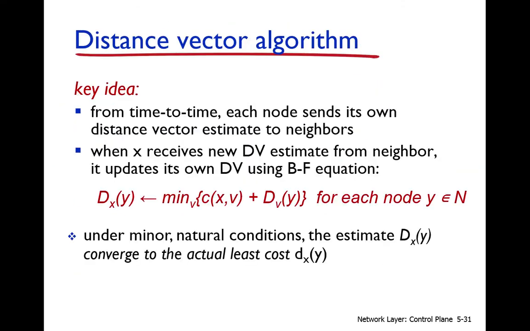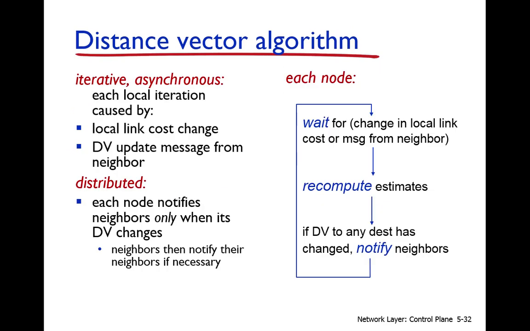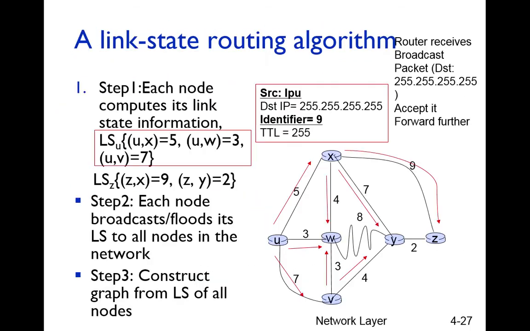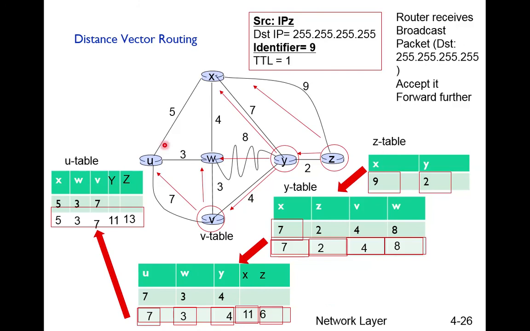So this is the Bellman-Ford equation that we have explained. The distance vector routing protocol is iterative and asynchronous, because each local iteration is caused by a local link cost change. That is, when a node transmits its complete table to its neighbor, when will it transmit?